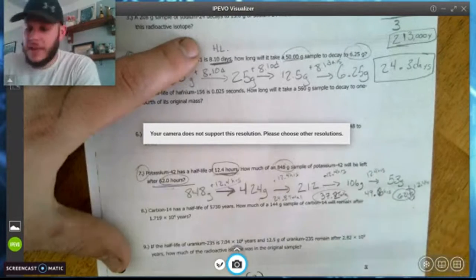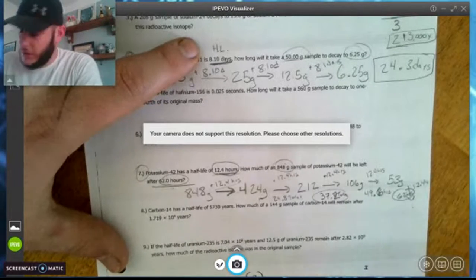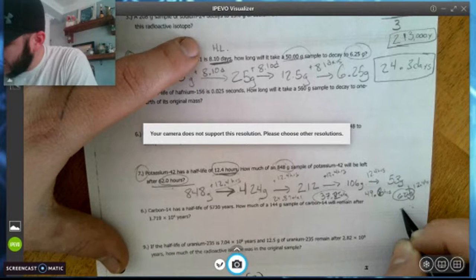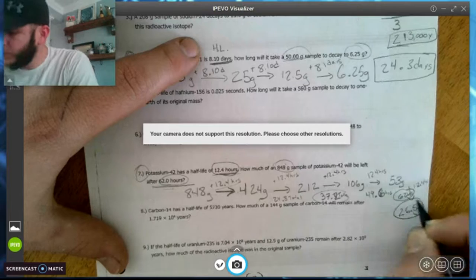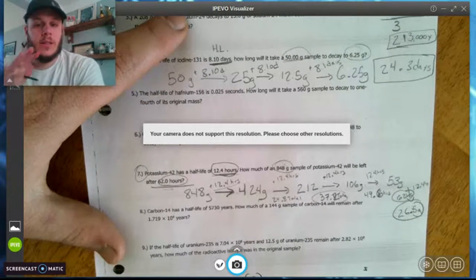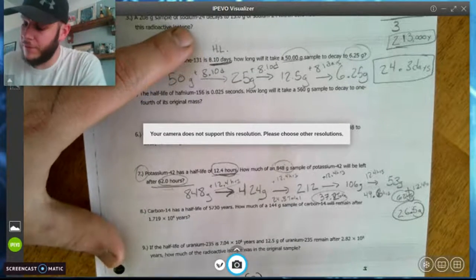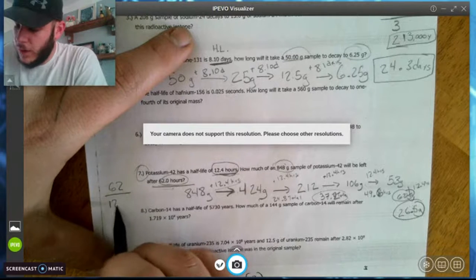This last half-life, 1, 2, 3, 4, 5 half-lives, is going to give me the remaining radioactive potassium at 26.5 grams remaining. Okay, now, for those of you that are really swift with math, you could have done 62 divided by 12.4.